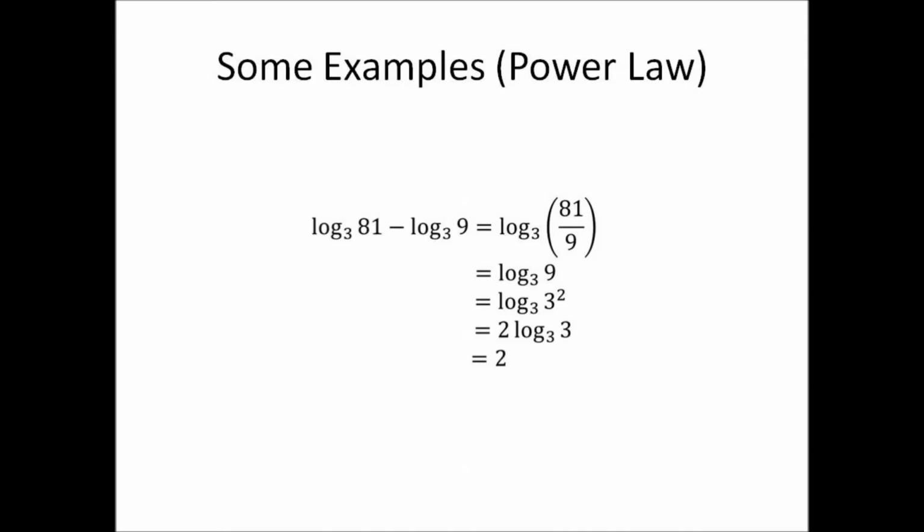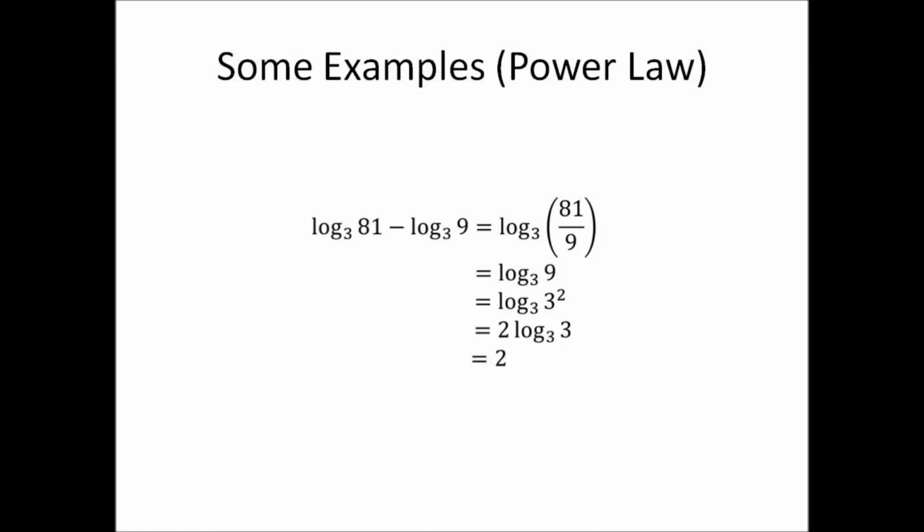Log base power 3 81 minus log base power 3 9. Once again you can see that the base power are the same, and we can just straight away use the number 81 divided by 9 when we combine them together. So the result will be log base power 3 9. And we know that 9 we can write that as 3 to the power of 2.